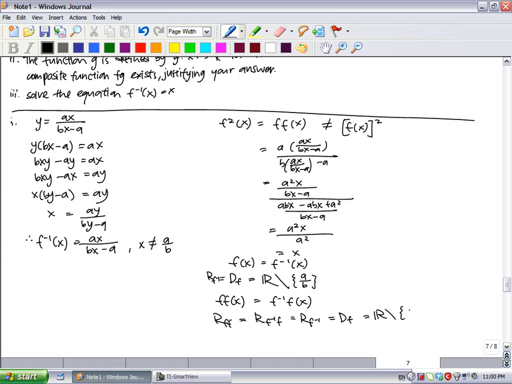The set of real numbers minus a over b, and that's all there is to it. Okay.